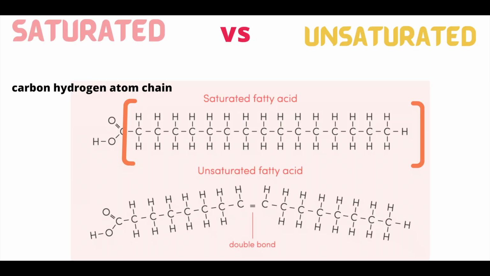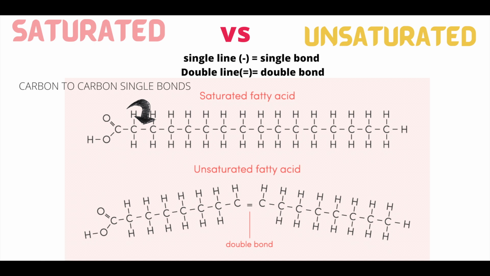Saturated fats is going to have generally a carbon-hydrogen atom chain, and all of your carbon atoms are going to be connected or bonded by a single bond. So single bond is represented by this single line. So that's the takeaway here, is that your saturated fats, your carbons are going to be bonded by a single bond. There's going to be single lines between them.